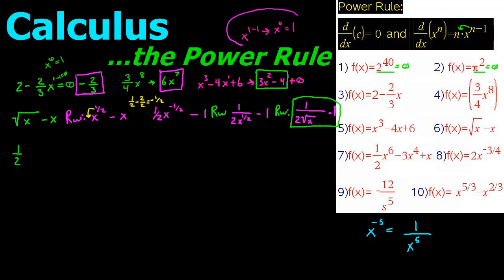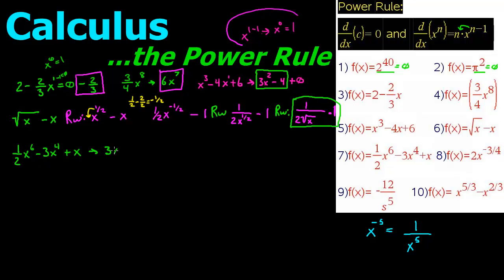Alright, so for number 7, we've got 1/2 x to the 6th power minus 3x to the 4th power plus x. Alright, so we take the 6 times the 1/2. Okay, here we go.